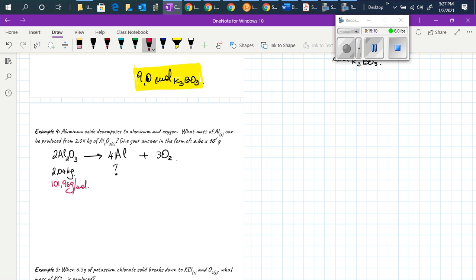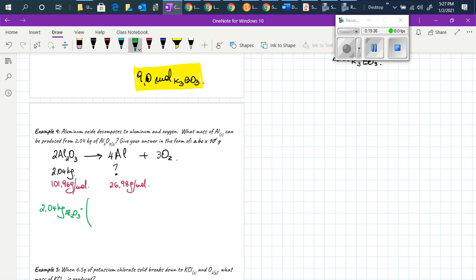And we know that the molar mass of aluminum is 26.98 grams per mole. Now I start with what is given. What is given is 2.04 kilograms of aluminum oxide.